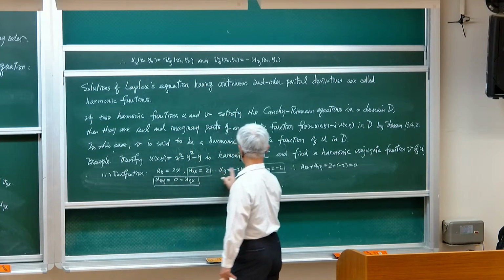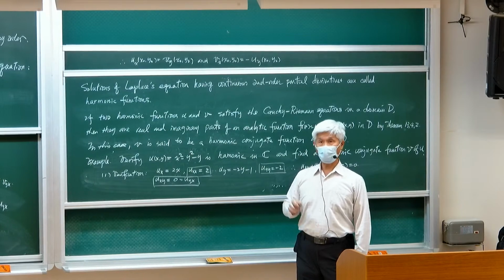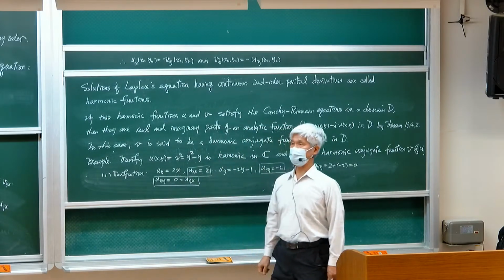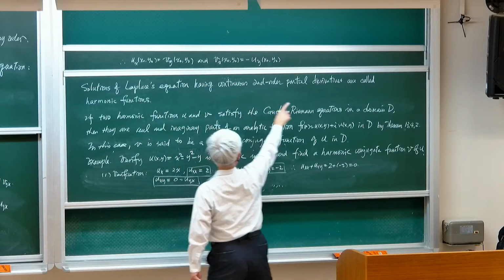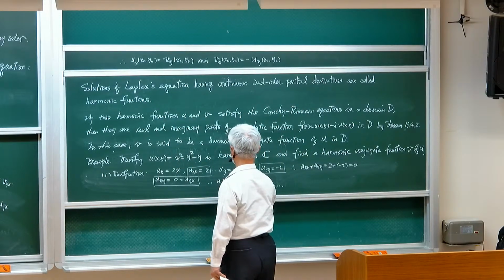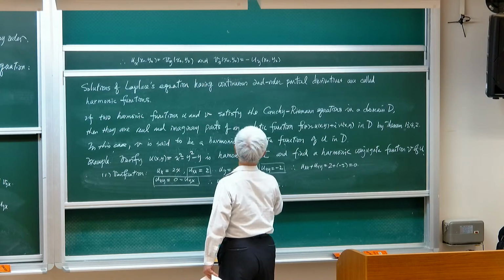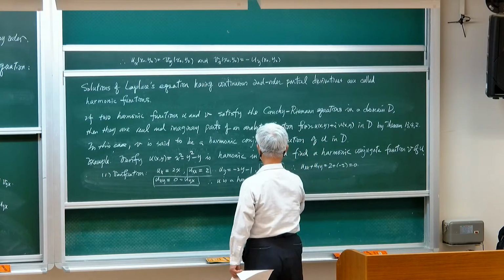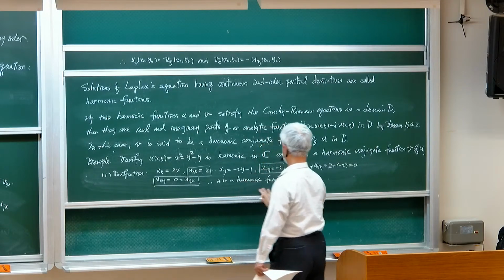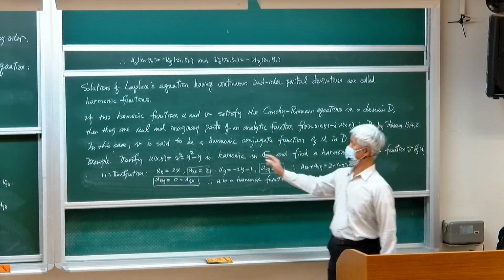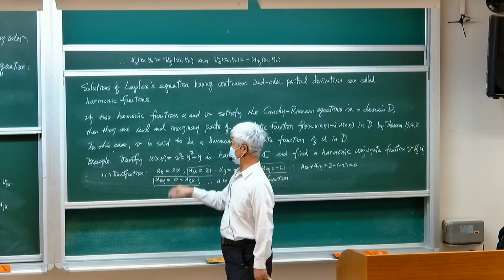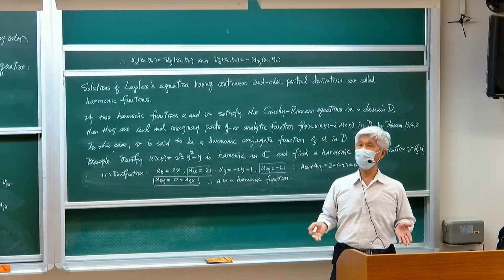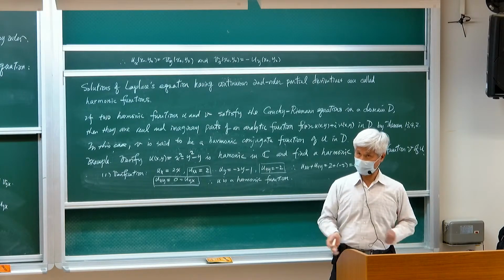So the four second order partial derivatives of u are all continuous, so u is a harmonic function, because it satisfies the Laplace equation and the four second order partial derivatives are continuous.